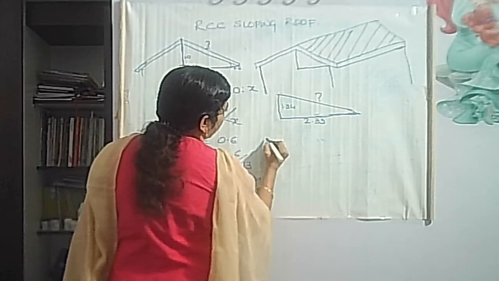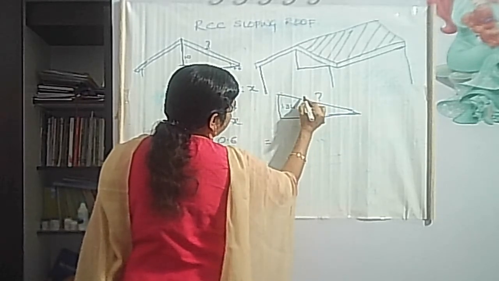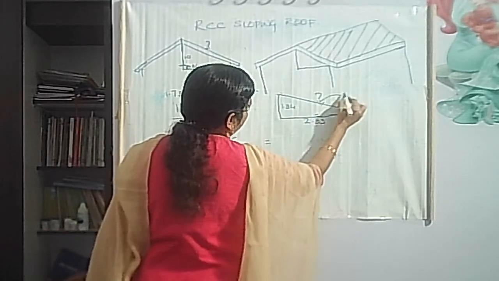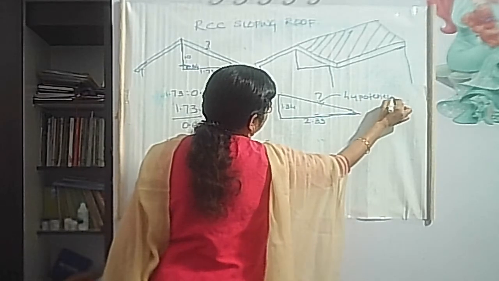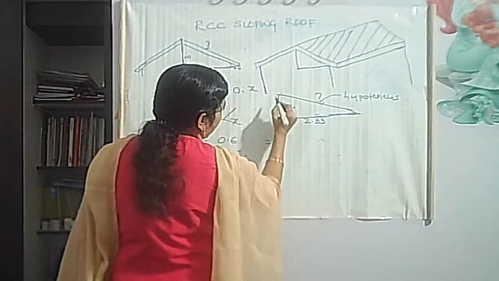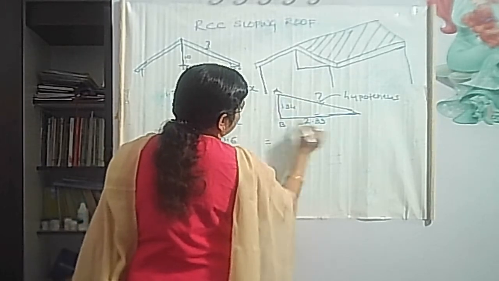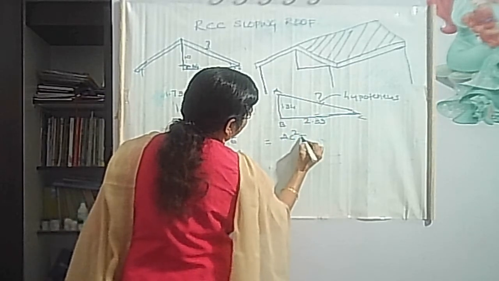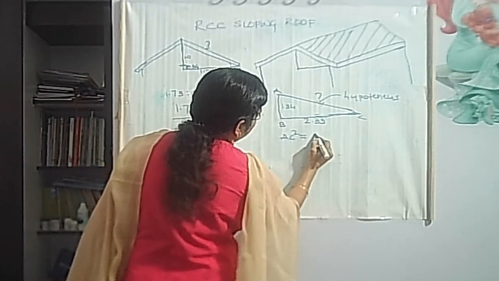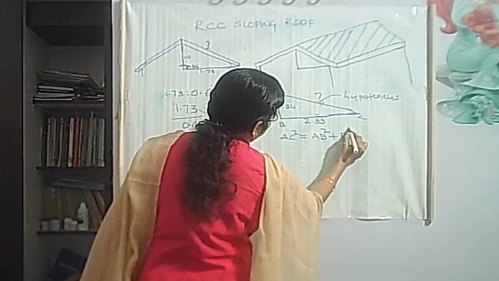So, according to Pythagoras theorem, this is called as hypotenuse. So, I will just name this as A, B, C. So, according to Pythagoras theorem, AC square is equal to AB square plus BC square.